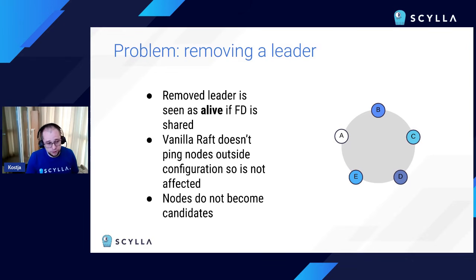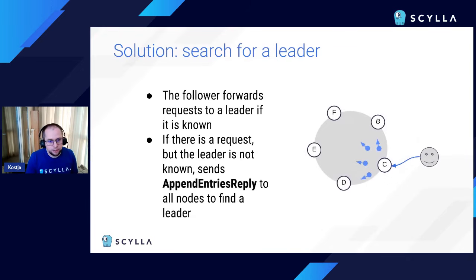We actually found it in tests, and we implemented a special solution for that case. If a leader is removed from the cluster, but some nodes still believe that it's still a leader, they can, in certain circumstances, search for a leader. They believe that the leader is alive. They try to forward the information to it for execution, but the leader does not respond.